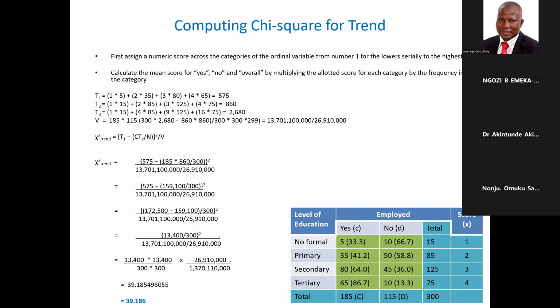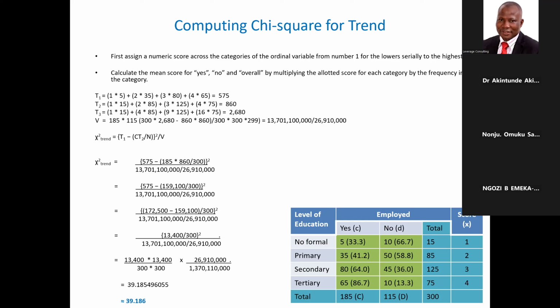I see that 1 times 5 plus 2 times 35. 1 is for no formal education, times 5, there are 5 that I employ, plus 2 is for primary education, times 35 that I employ, plus 3 is for secondary education, there are 80 that I employ, plus 4, which is for tertiary education, times 65. You now add everything together, it gives you 575.